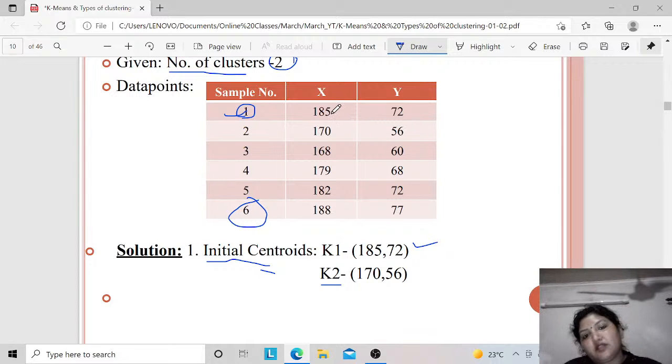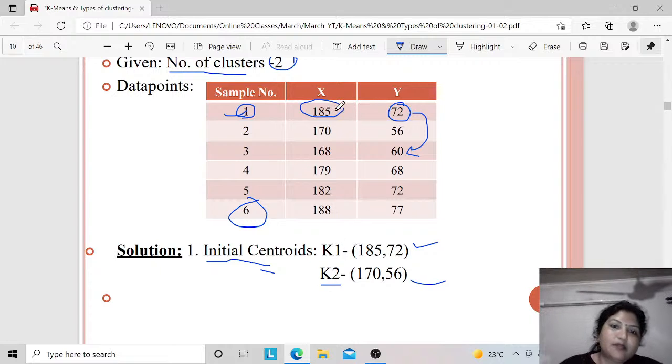What you are going to do is take this centroid x and y and then take the difference from the other point. If you are taking the 2 points as cluster 1 and cluster 2, and you are measuring for the point itself, obviously this would be nearer because there is no distance, that distance would be 0.